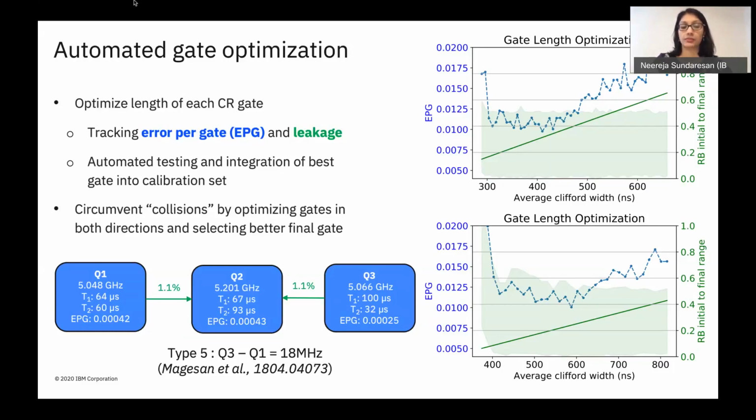When trying to tune up an entangling gate between qubit 2 and 3, for example, we find that it is much better to drive the gate with qubit 1 as a control rather than qubit 2, because qubit 1 and qubit 3 are so close together in frequency. That spectator plays a very important role in determining which direction is better to drive in.